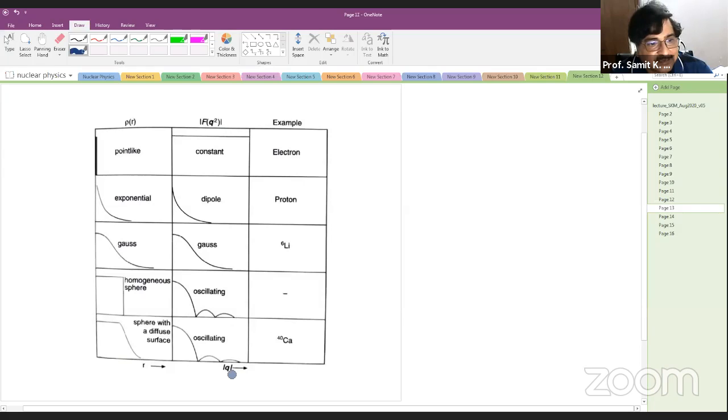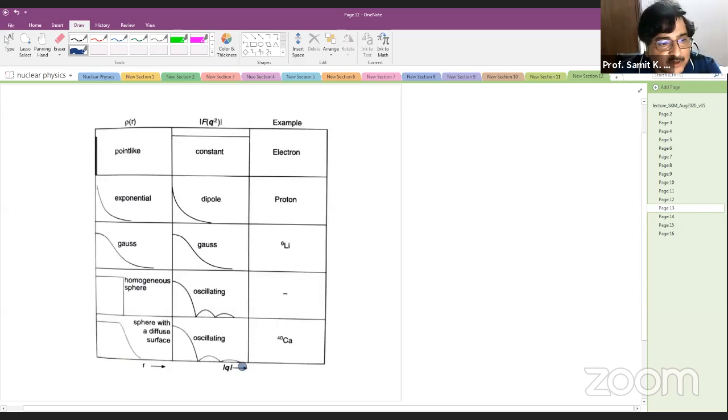When you change the momentum on the x-axis, this is your momentum direction, that means during the scattering, if you do the angular distribution, that also tells you the change of momentum, or you can take different energies, that also gives you the change in the momentum.